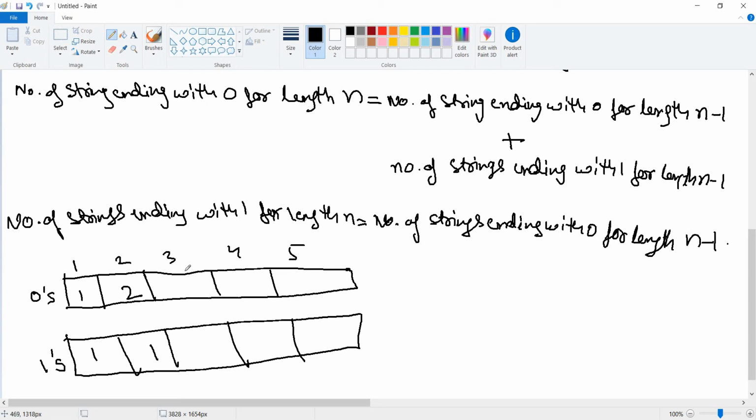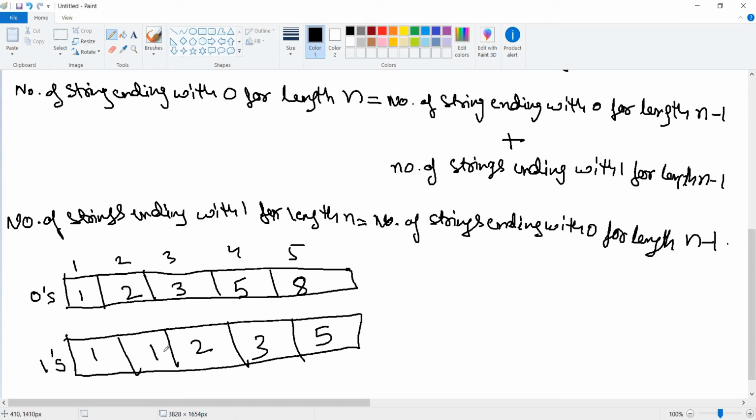So here comes 1. Again for 3, we'll consider both numbers, that is 2 plus 1, that is 3. And for ending with 1, we'll consider only this one, it's 2. Now again for 4, we'll consider both, which comes as 5. Here we'll consider only this, that is 3. Then here we'll consider both, that is 8, but here we'll consider only this, 5.